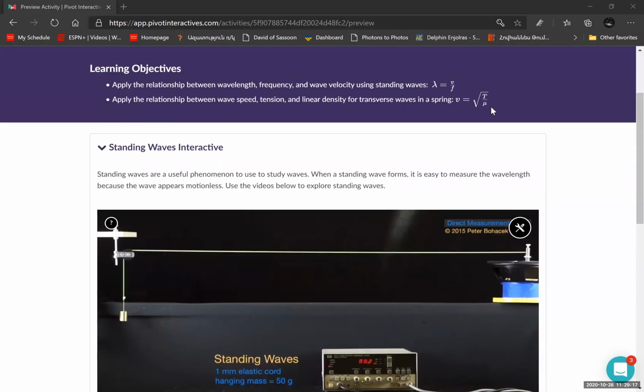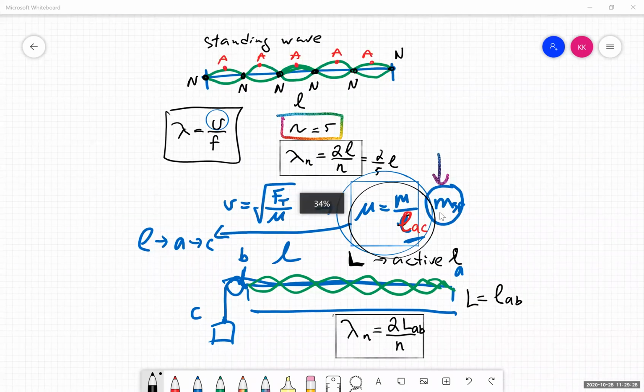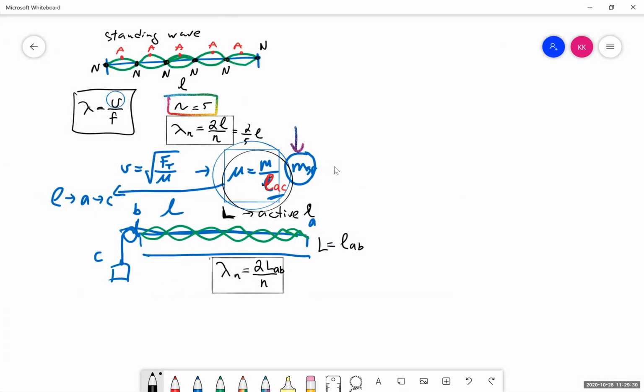Because in this equation, velocity equals the square root of force over mu, this force here equals the hanging weight. That means it equals the hanging mass in kilograms times g, which is 9.8.